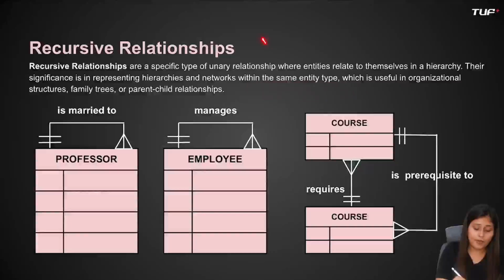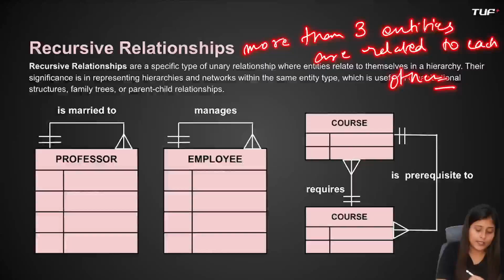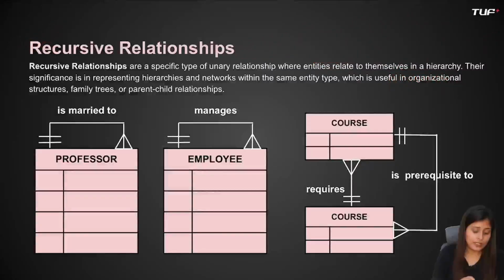Or you can say when more than three entities are related to each other, then we call it a recursive relationship. So in this, you can see it can include multiple unary, binary and ternary relationships that are related to each other also. That is why it is also called a hierarchy relationship.